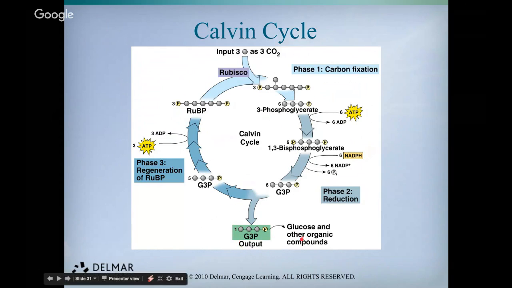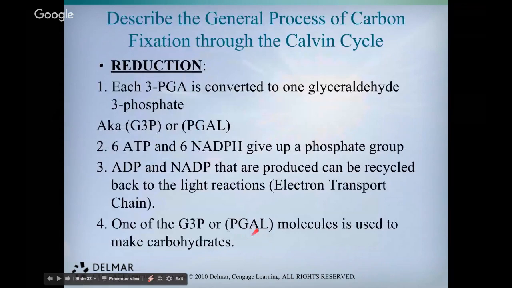Glucose is made, or any other organic compound, mainly glucose, though, that's the energy source, and then it is recycled. So again, we talked about that. The phosphoglycerate is converted into glyceraldehyde 3-phosphate. Call it G3P or PGAL, but a common term is, so PGA gets converted into G3P.